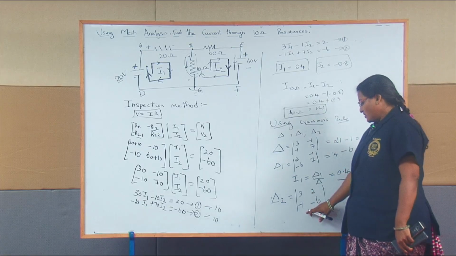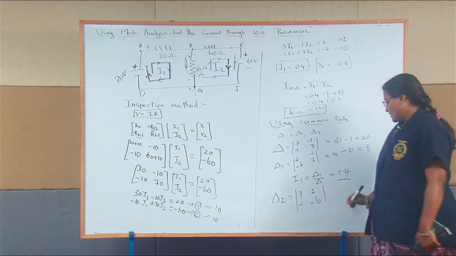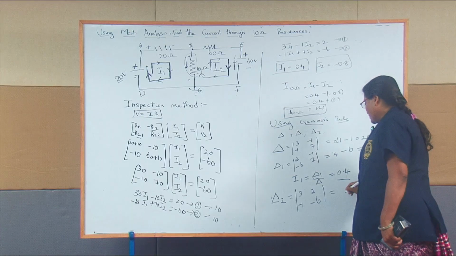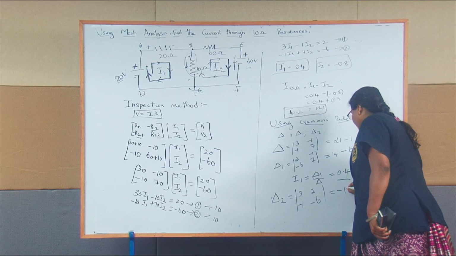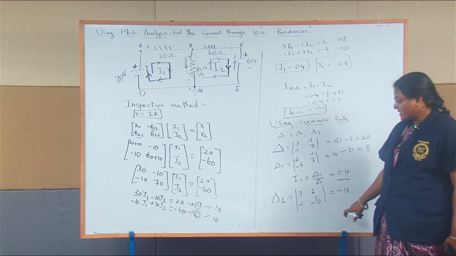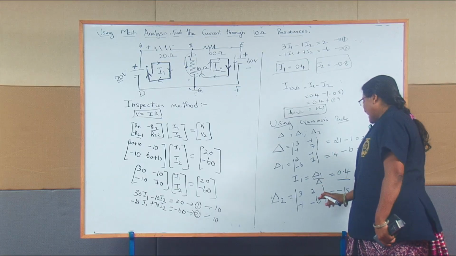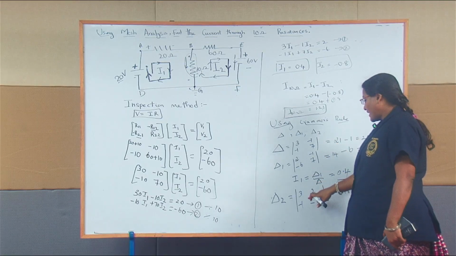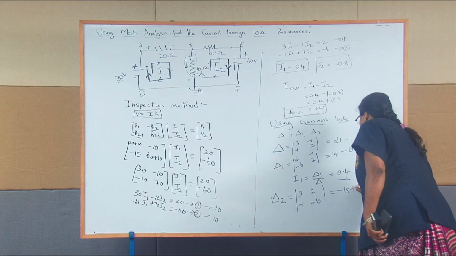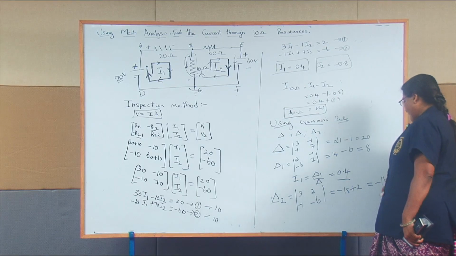So 3, 1 as it is. You have to replace only the second column. So 6 into 3, 18, minus 18, because here minus is there, plus into minus, minus 18. Then 2 into 1, it is 2. Already one minus is there, so minus into minus will become plus 2. So your answer is minus 16.